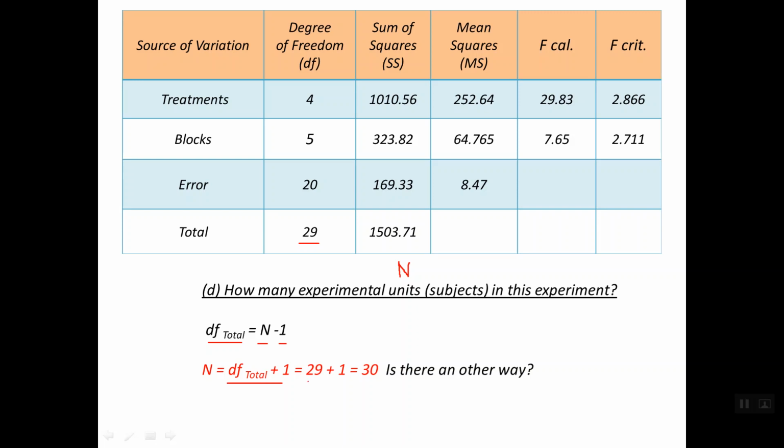So 29 plus 1 is equal to 30. So we have 30 experimental units used in this design. Is there another way to calculate the capital N? I'll leave it to you to answer it.